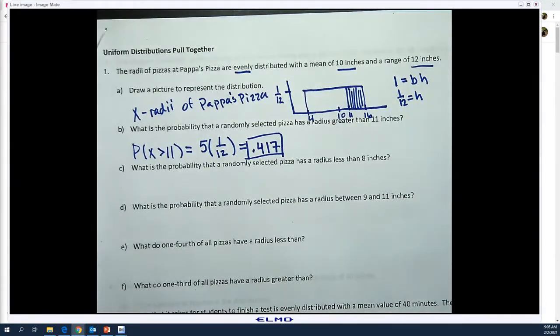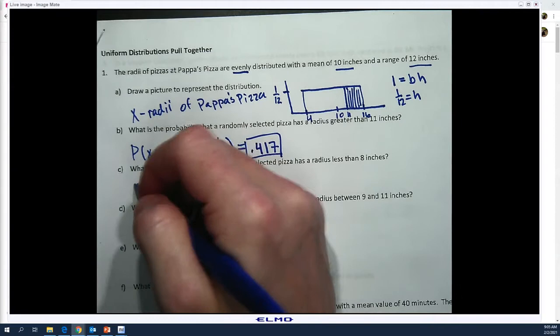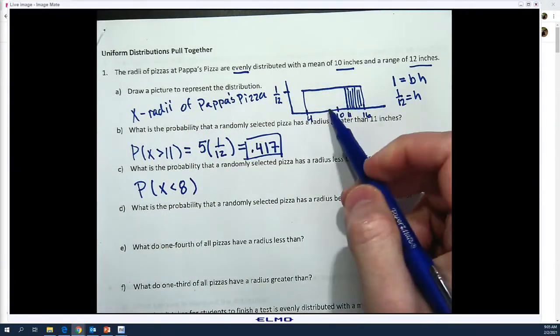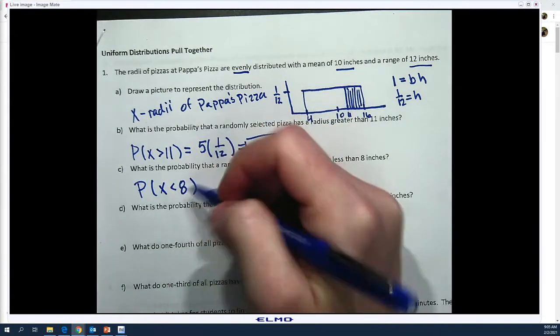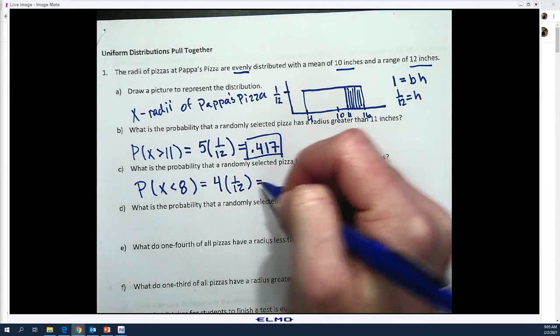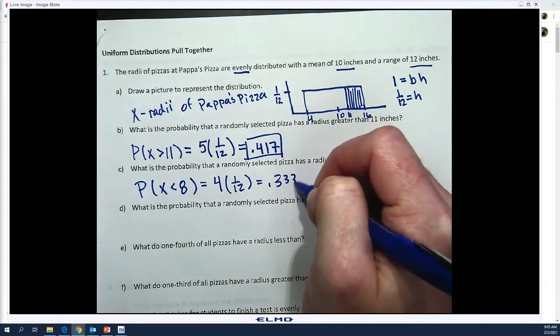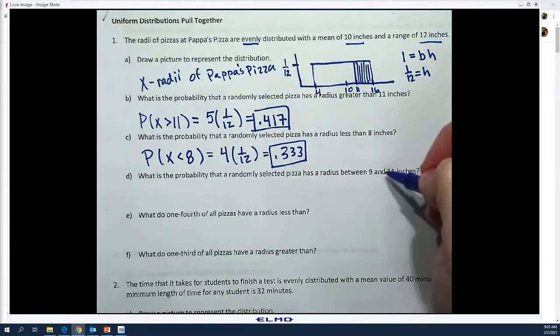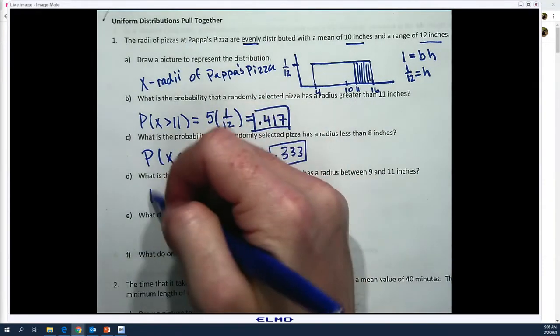The next one is less than 8 inches. That'd be going from 8 down to 4, which is a distance of 4. So 4 times 1/12, which I believe is 0.333 repeating. Between 9 and 11 is 2 inches.